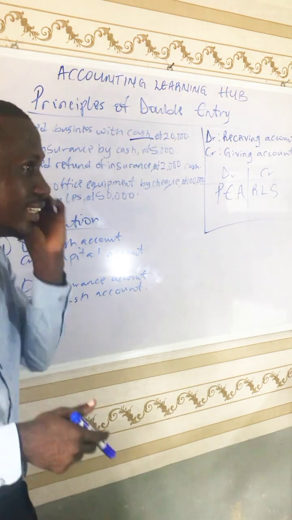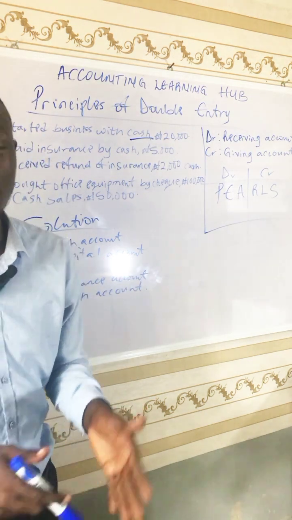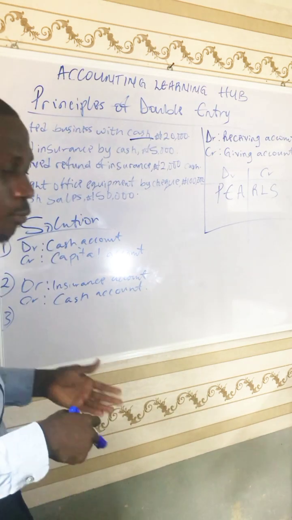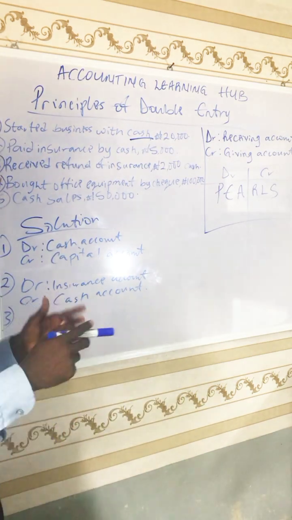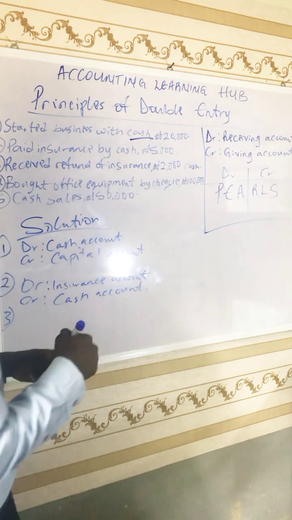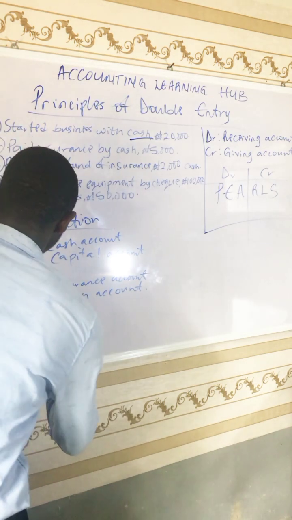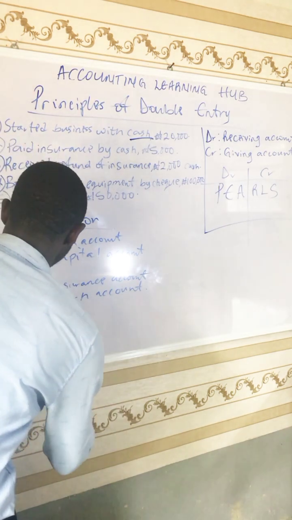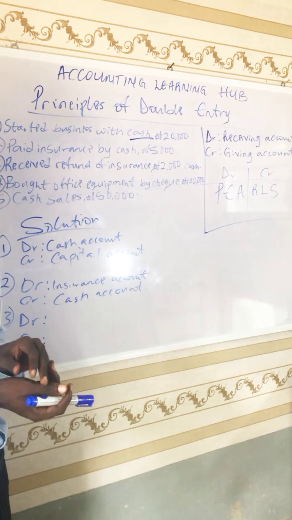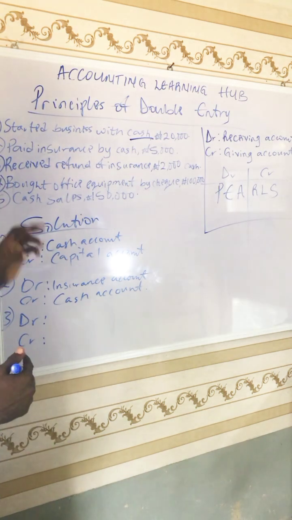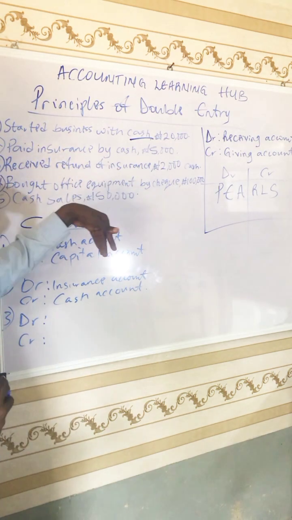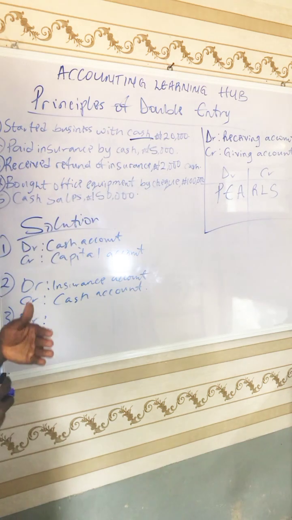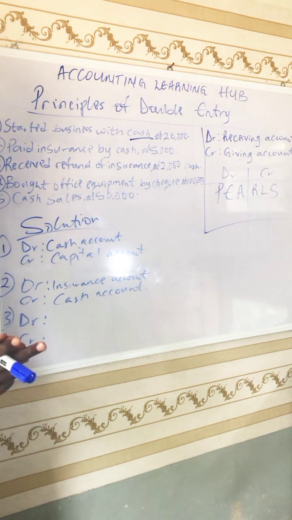That is, the account we debited in the first case will now be credited, and the one we credited in the first case will now be debited. So that is simple. Debit, credit. And if you want to follow another rule, now we received cash of 2,000 naira as refund of insurance.